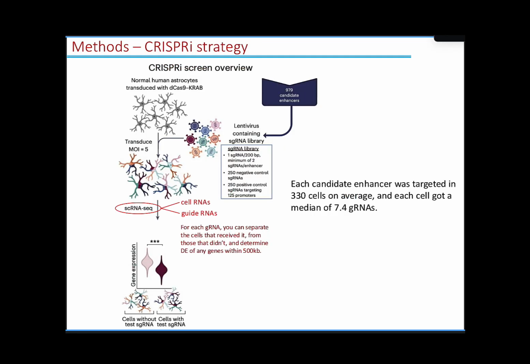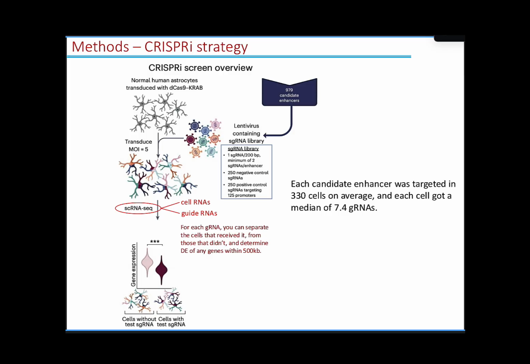They took those 979 candidates that they had identified bioinformatically, and they created a lentivirus library. What that means is they created a huge collection of lentiviruses that carried in them two things: a dead Cas9 sequence and a guide RNA.